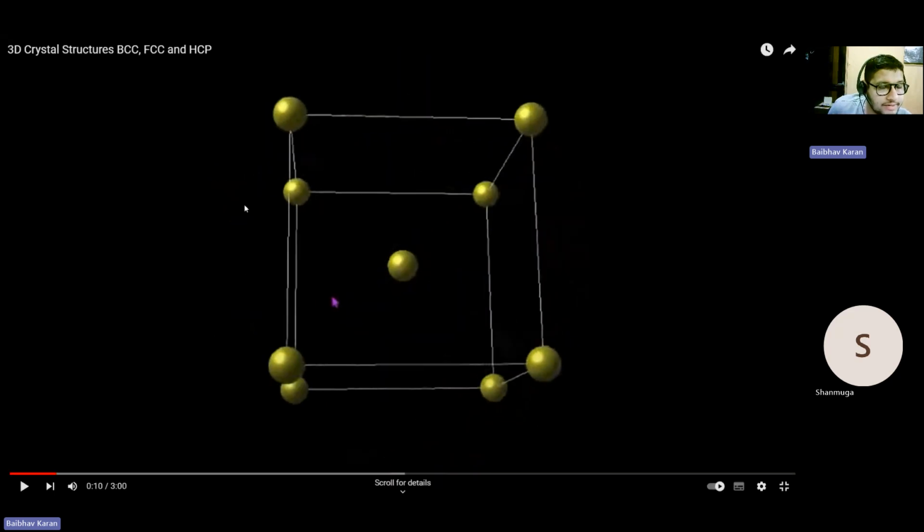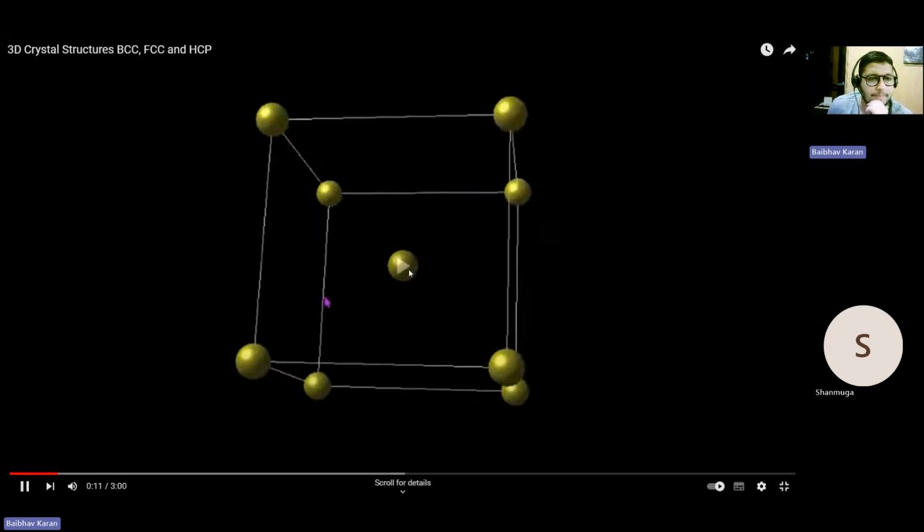As you can see, this is a BCC unit cell, and you can see that there is an atom sitting at the center of the crystal lattice.